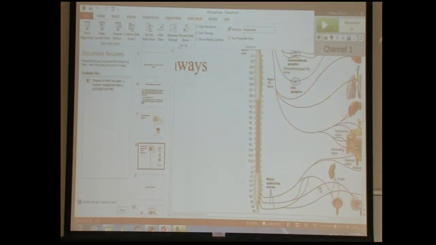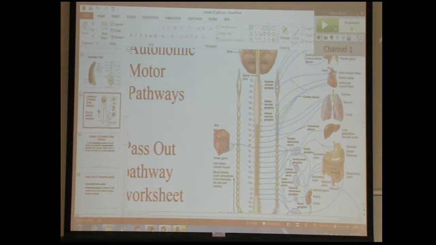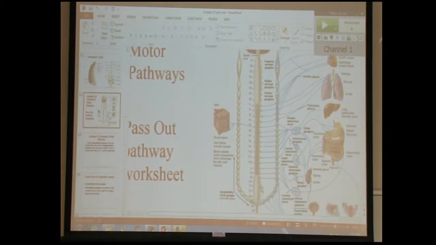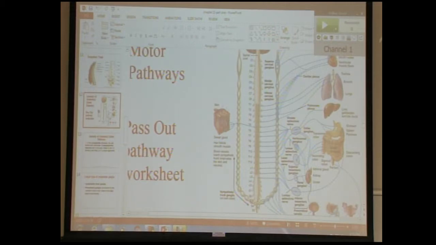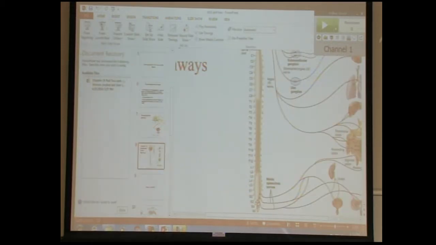And then the second thing for structure is that the sympathetic has that bundle of axons, the sympathetic trunk, next to the spinal cord, basically all the way from the skull down to the bottom of the spinal cord. And parasympathetic, we don't have anything like that at all.